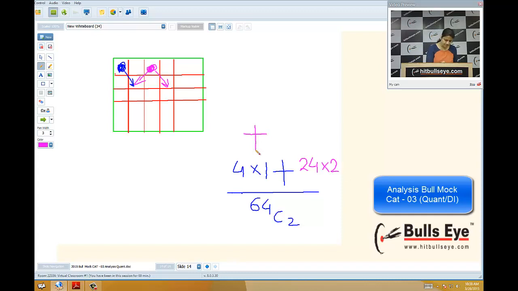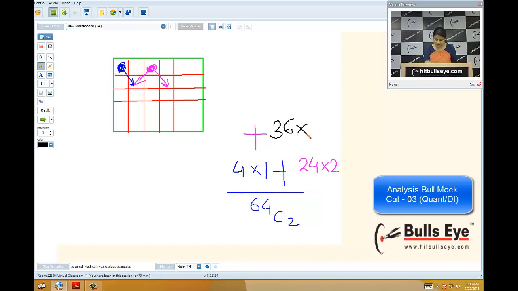Plus, now we are left with the interior squares. In total, how many interior squares are there? Can you say there are 36? You can subtract 24 plus 4 from 64. As well, you can remove the outer boundary and you will be left with a 6 by 6 square, which is nothing but 36 squares.